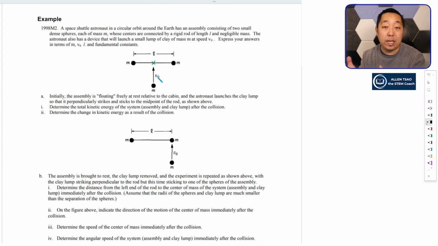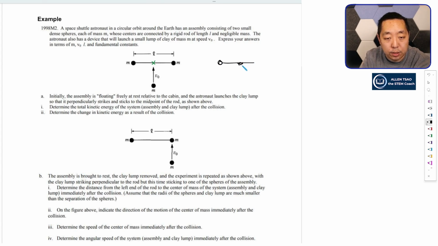It's not going to be spinning afterwards, right? You could do it with angular momentum, by the way. It's just that the linear momentum will tell you more, because after you hit it straight on, they're just going to move straight upward with the velocity afterwards. So afterwards, after this collision, it's going to look like this.